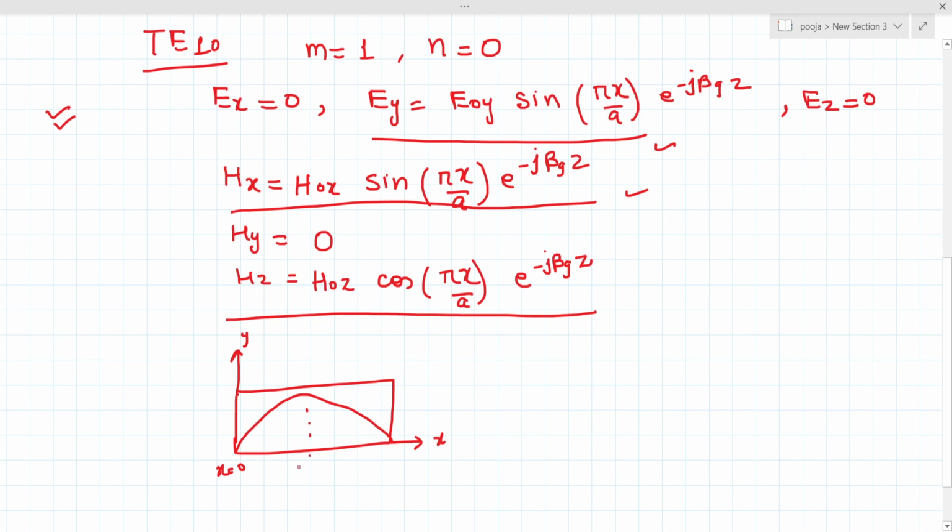The maximum will occur at x equals a by 2 if this dimension is a, and it is 0 at x equals a. This means the maximum electric field will exist in the middle, and then it will diminish on either side. So this is the TE10 representation.